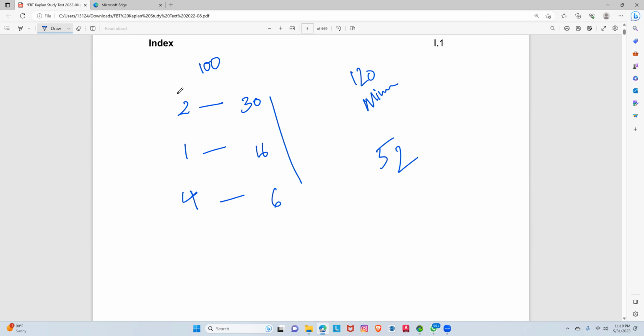Now, these 2-mark questions and 1-mark questions do not come separately in the examination. Above the question, it will be written 1 mark or 2 mark. The first 46 questions will be like this.